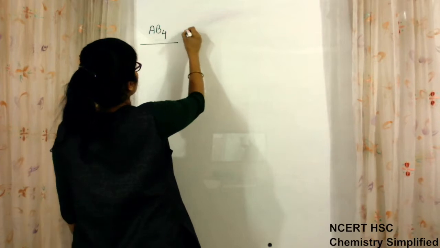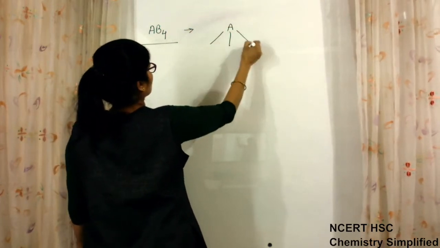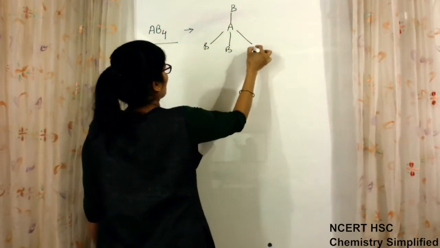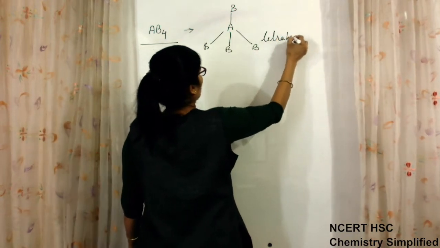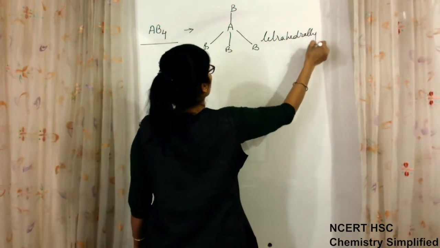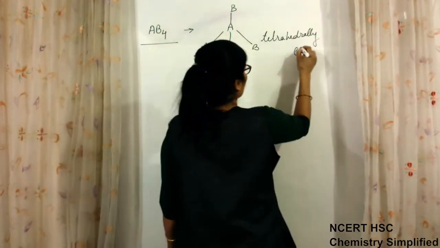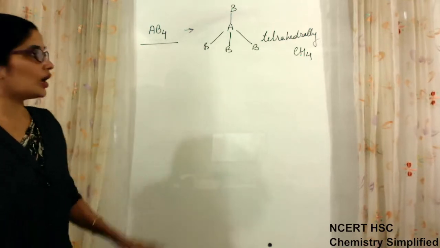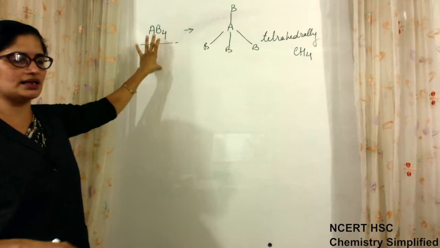Now in this case the geometry is A and B arranged around A tetrahedral. This was the geometry which we have discussed for the type of molecule CH4. Example we had taken. Okay, now we will see the distortion in this geometry when lone pairs are present.